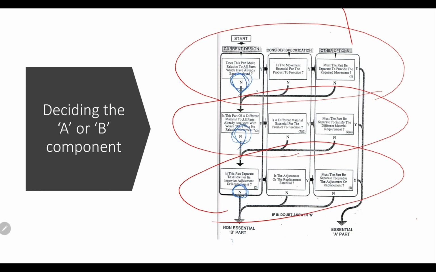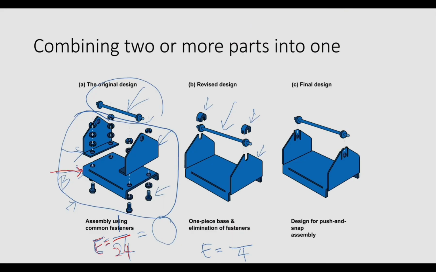Let's say the answer is no. It depends on your design. You decide what the answer is. Let's say no, and the cover is identified as a B component. Okay, this is A, this is B, this is B.